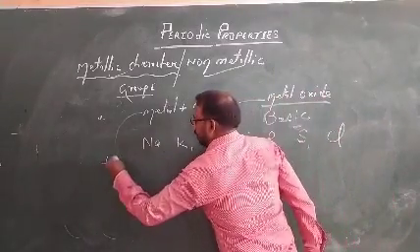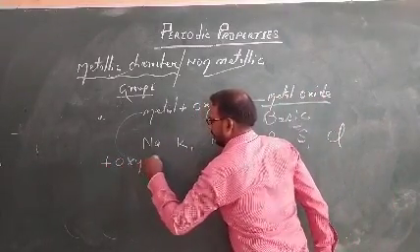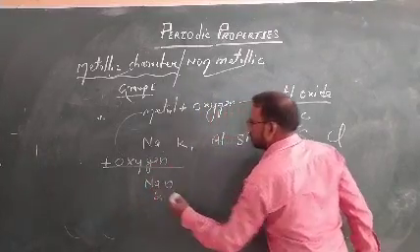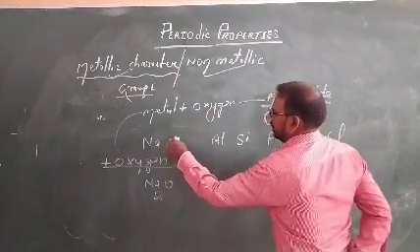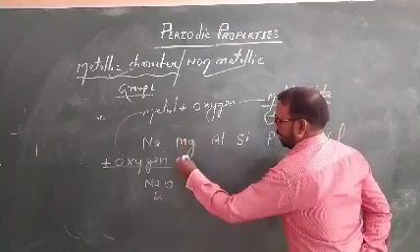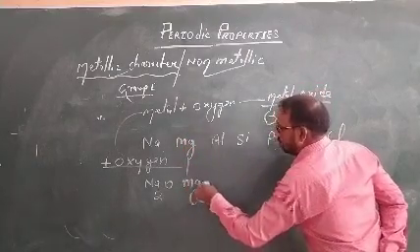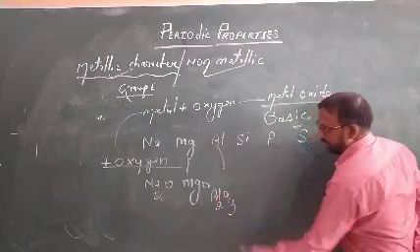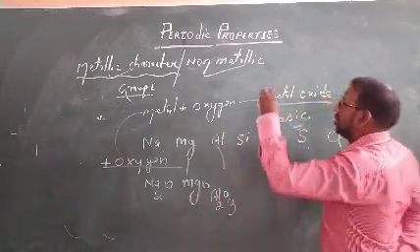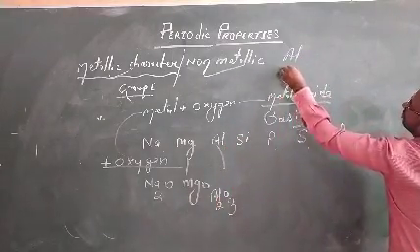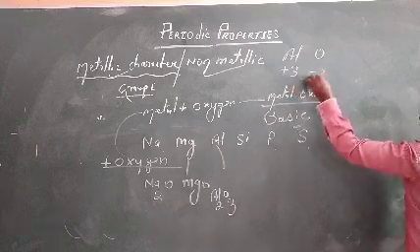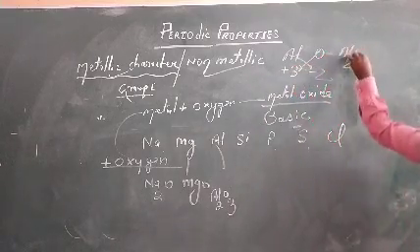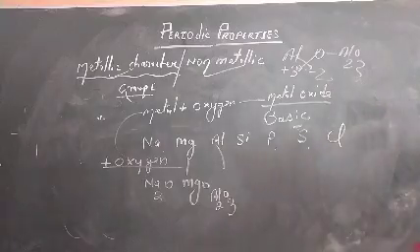Suppose they react with oxygen, what will form? Na2O. For magnesium, MgO. In the case of aluminium, Al2O3. Why am I writing this? Because of valency. What is the valency of aluminium? Plus 3 and minus 2. Simply cross multiplying, you will get Al2O3, which is aluminium oxide.